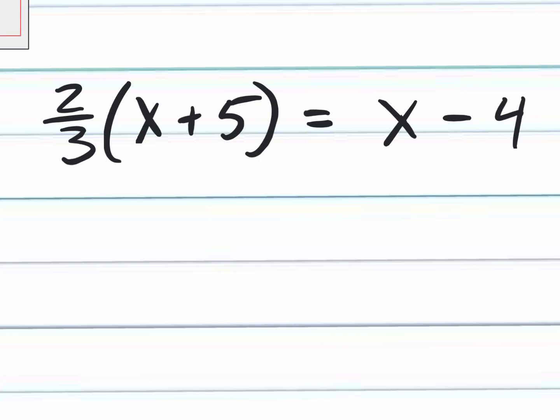So instead of distributing the 2/3, which you could do if you want, I'm going to get rid of the fraction by multiplying everything by the denominator of the fraction that I want to get rid of. So I want to multiply by 3. That way it cancels. Multiply by 3, multiply by 3, multiply everything by 3. Now, some of us are thinking, wait a minute, how come you didn't multiply the inside by 3?